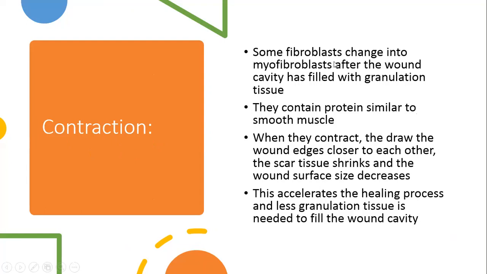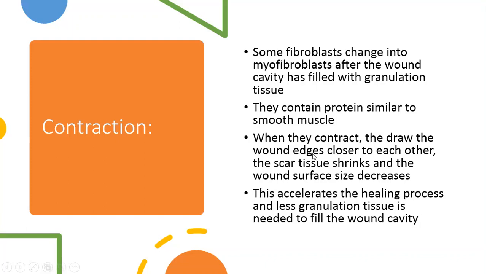Okay, so we spoke about the fibroblasts that produce the collagen. Some of these fibroblast cells change into myofibroblasts after the wound has filled with granulation tissue. All right, so now the hole that was dug due to injury has filled up with granulation tissue. And now the fibroblasts change into myofibroblasts. And they contain a protein that is similar to smooth muscle.